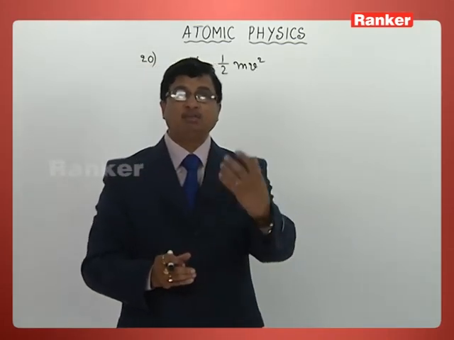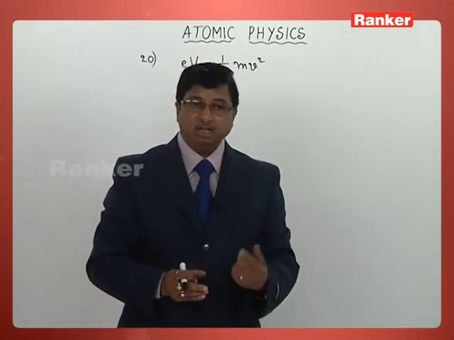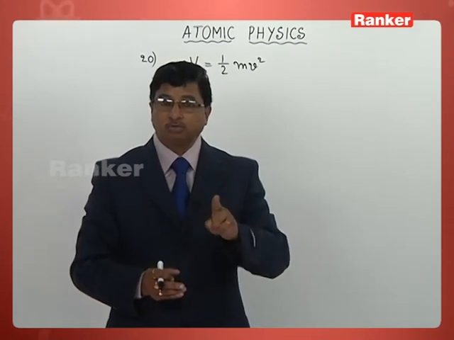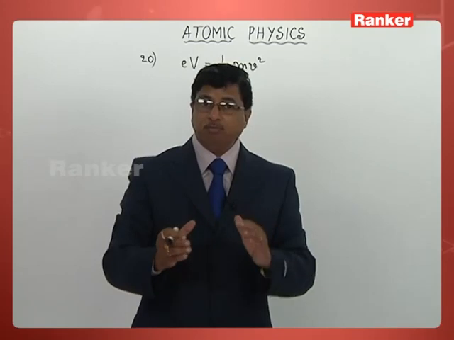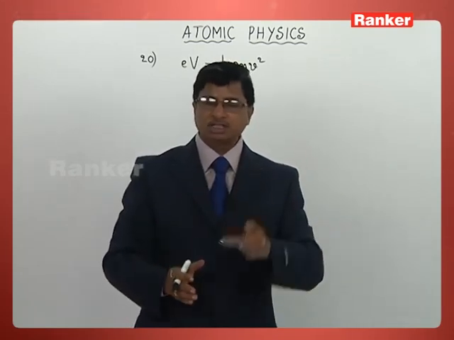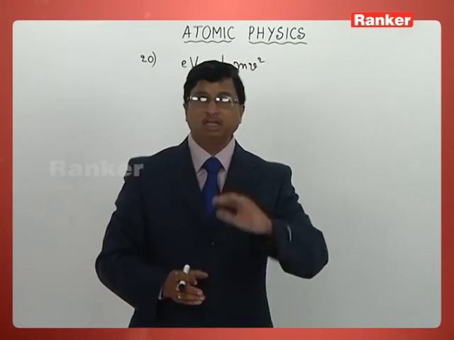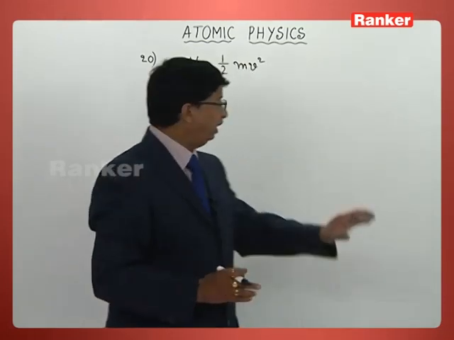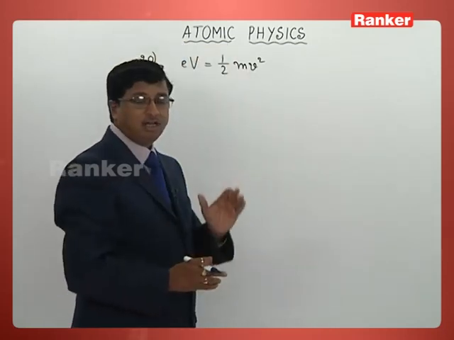With the energy it has gained in that field of potential difference V, that electron now moves faster than before. Electron moving faster than before means certainly its kinetic energy is going to be increased. So the energy gained will be in the form of kinetic energy in the electron.